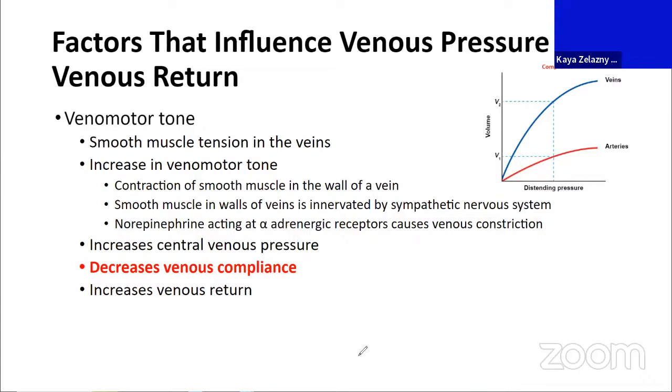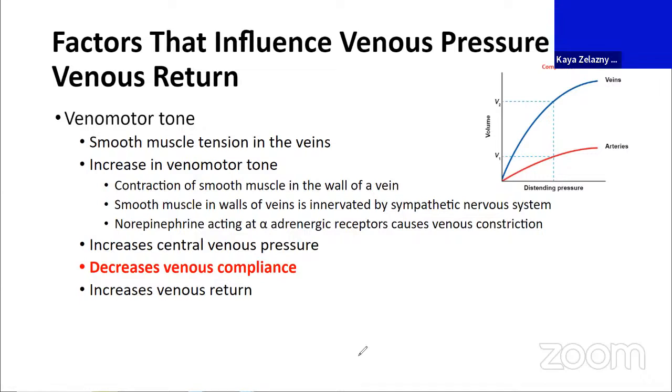Right. So this gets to the venomotor tone. We talked about tone, right? Smooth muscle has a little bit of tension. It's not totally contracted. It's not as loose and big, wide diameter as it could be. Okay? So venomotor tone, we see it increase. An increase of venomotor tone is basically like vasoconstriction, but in a vein specifically.